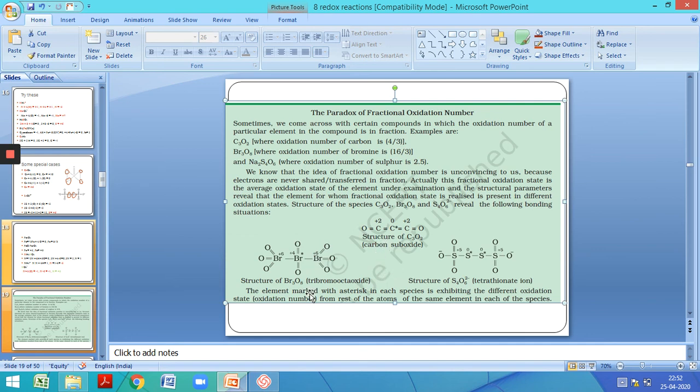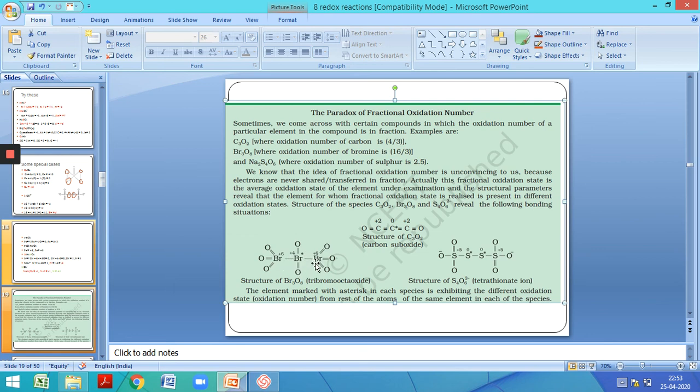Look at the example of Br3O8, tribromo octa oxide ion. So here we have three bromines, but the way the three bromines are attached is slightly different. Now, bromine-bromine bond, both are equally electronegative, so there is no charge because of the similar electronegativity.